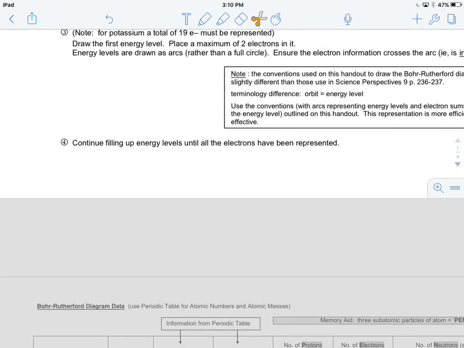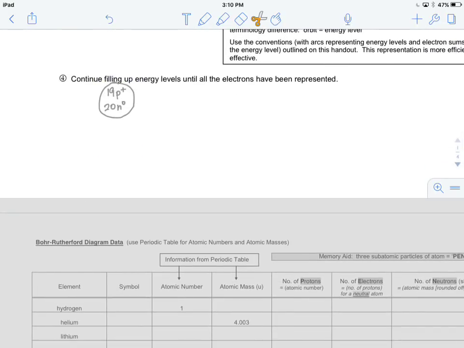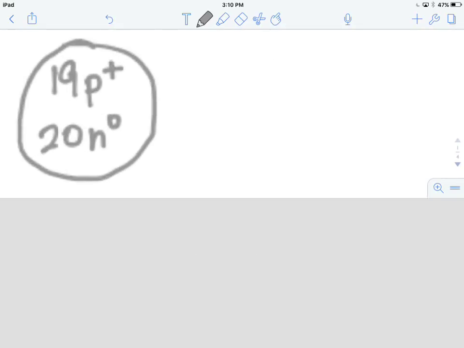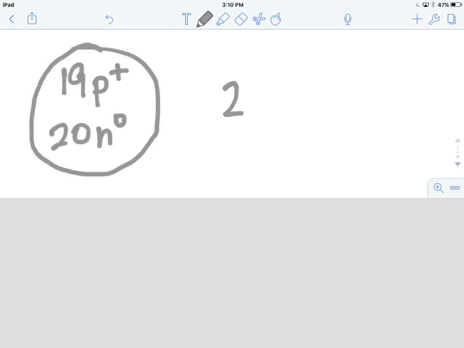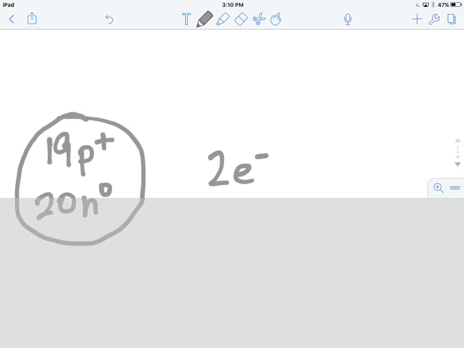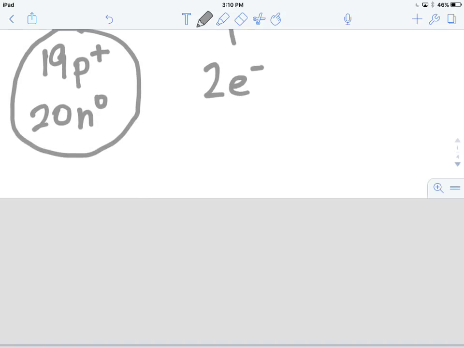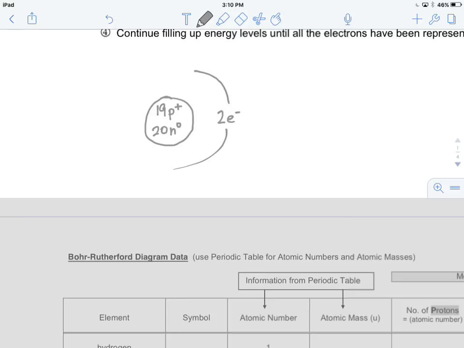I'm going to draw it down here because this is where we're going to do it. So in our first energy level, we have 2 electrons. Here's the 2 electrons. And we know that these energy levels are kind of like orbits, so we're going to draw them in a rounded way.